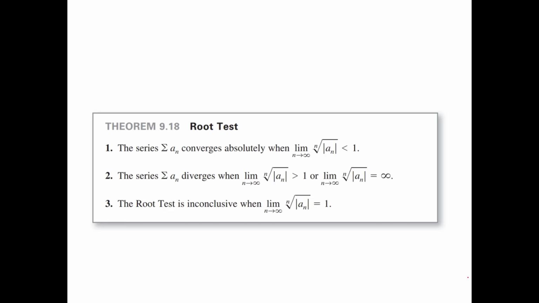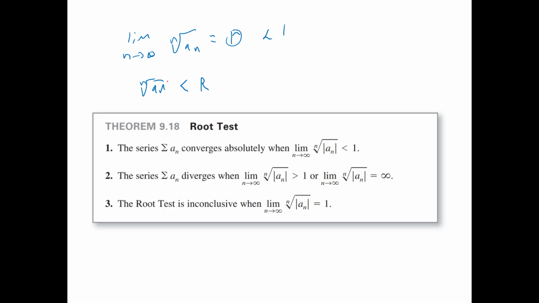Okay, so again, we're not going to go through the formal proof of this, but let's get an idea of what's going on. Suppose that the limit as n goes off to infinity of the nth root of the absolute value of a sub n is equal to r, which is less than 1. Then eventually the nth root of a sub n will be less than some r value between this r value and 1.